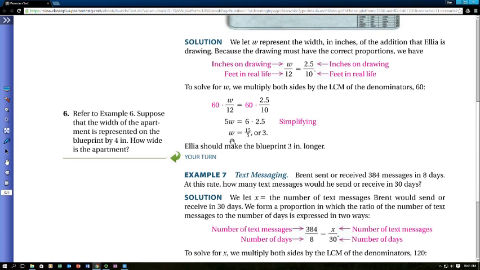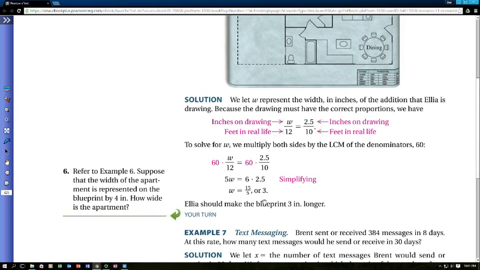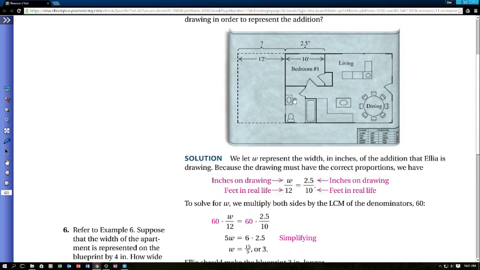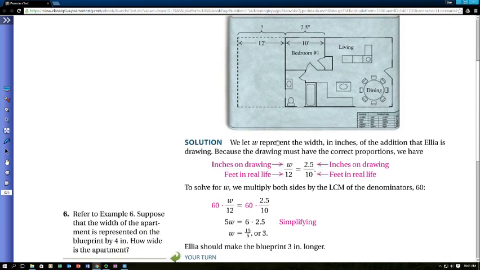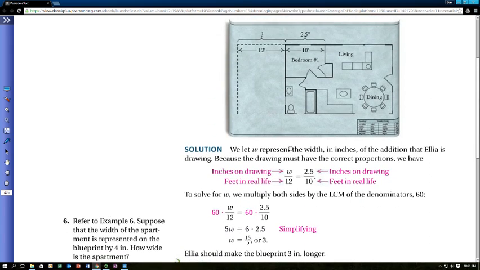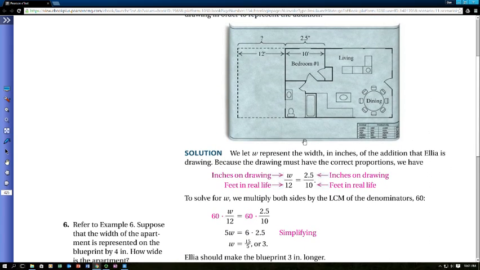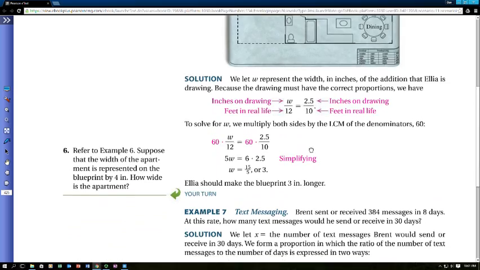So anyhow, they find out the width is 3 inches. What does that 3 mean? It means when you draw this diagram, you're going to need to go 3 more inches out, then go down to match up, and make this 3 inches so you have the right proportion on your building when you add the new room. Okay.